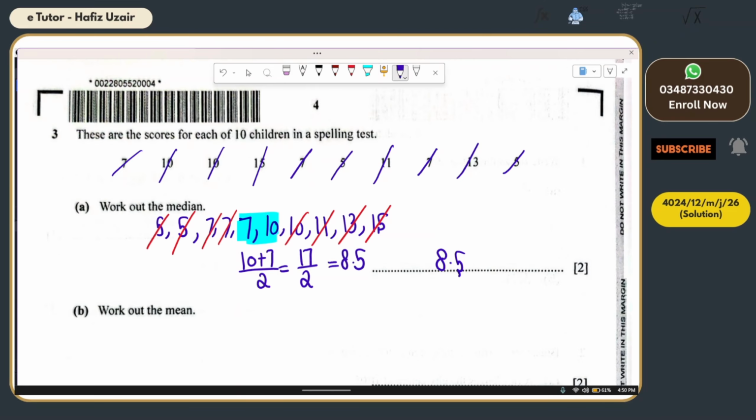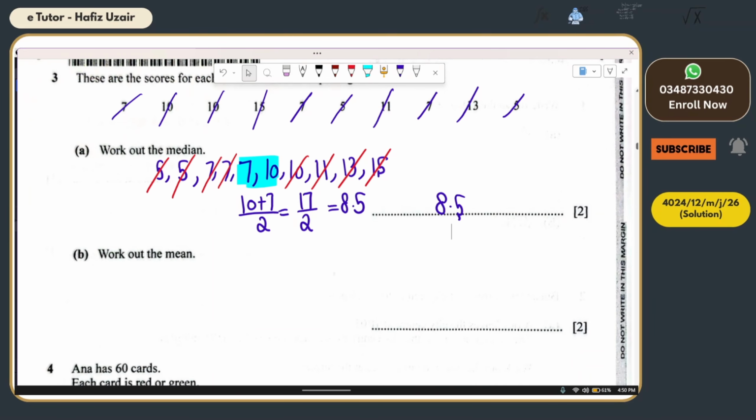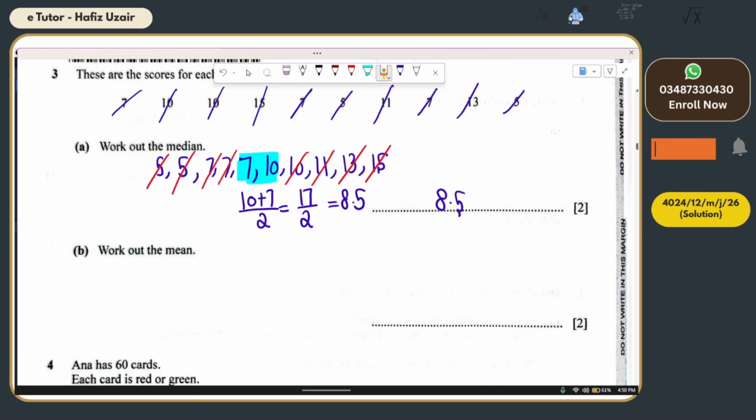Now work out the mean. To find the mean, we need to add these numbers. So let's add these numbers here. 15 plus 13 will be 28. 28 plus 11 will be 39, 49, 59, and then 66, and if we add 7 to 66 we get 73, then 80, and then 90.